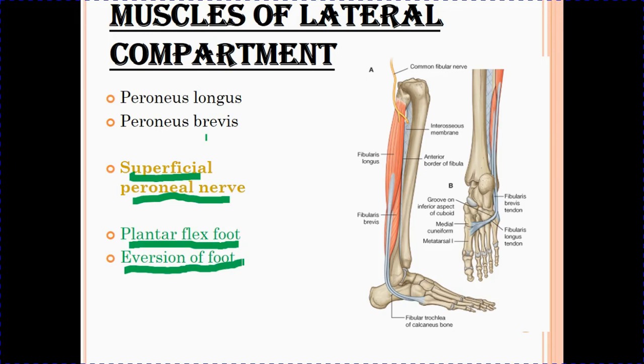It is the movement of foot in such a way that the sole faces backward, or when you stand on your toes. This is plantar flexion of foot. Standing on your toes so that the sole faces backward. The second movement performed by these muscles is eversion of foot.